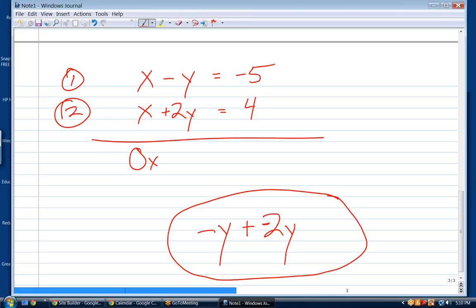So now we have minus y plus a minus 2y. What is that? It's minus 3y. In other words, we have a minus 1y plus a minus 2y, you get minus 3y.